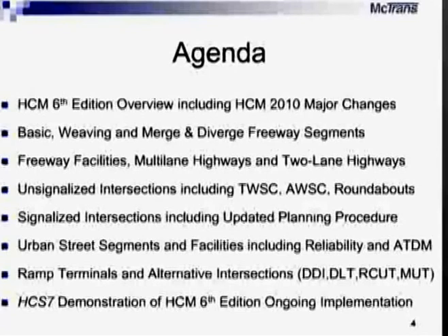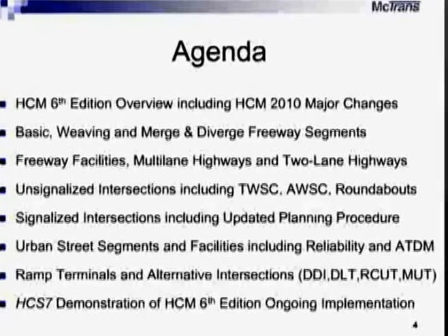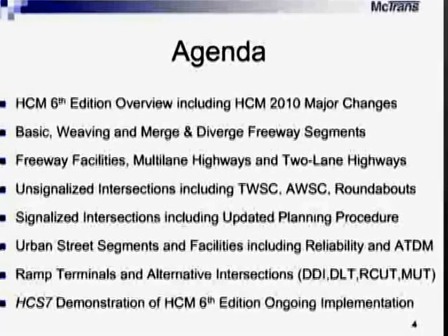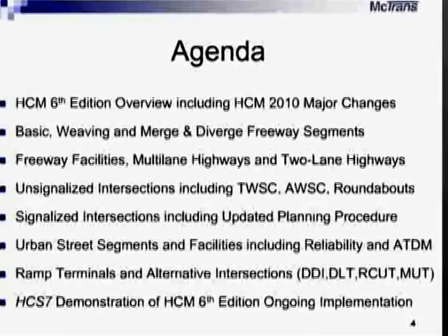We'll look at, I don't know if I have slides on the planning procedure, but I'll give you some hints about the planning procedures being interjected in the manual in the 6th edition. Then we'll combine signals into urban streets and urban street segments into facilities, including something called travel time reliability and ATDM, which also affects freeway facilities, and I think I probably have that both places.